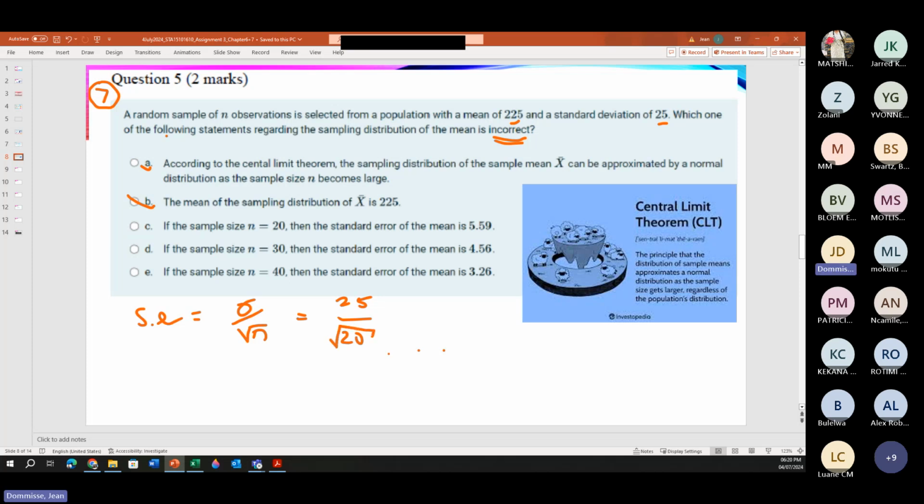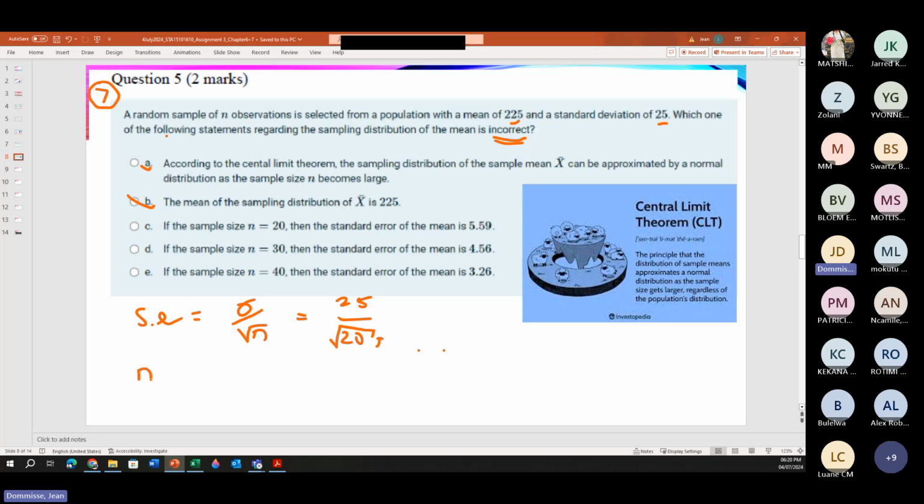So also important just to note out of this one is as N becomes bigger, they can ask that in a theory question as well.